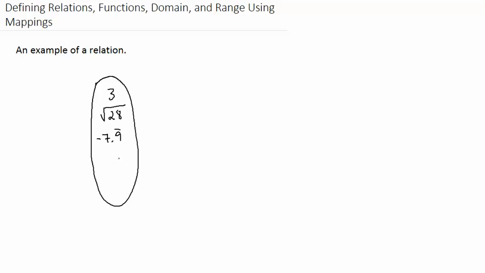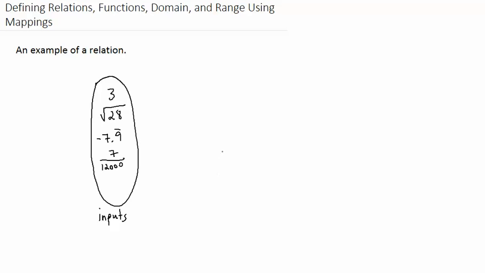And let's come up with one more. How about 7 over 12,000? Okay, so there are some real numbers. And let's call this set of real numbers the set of inputs.